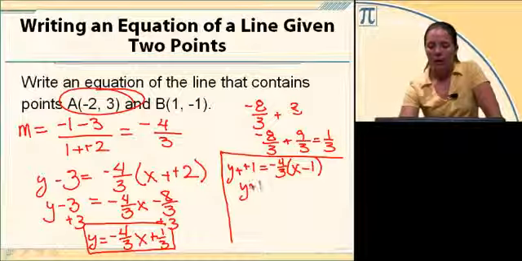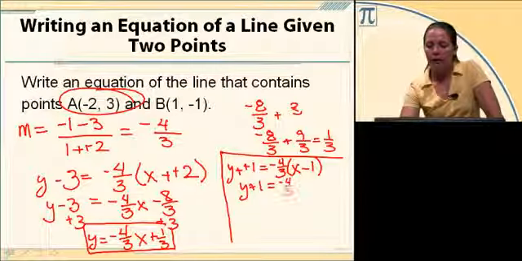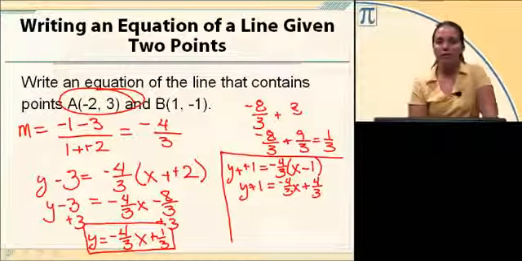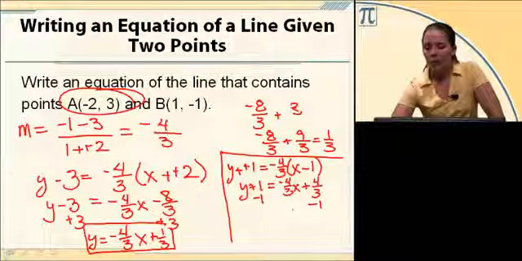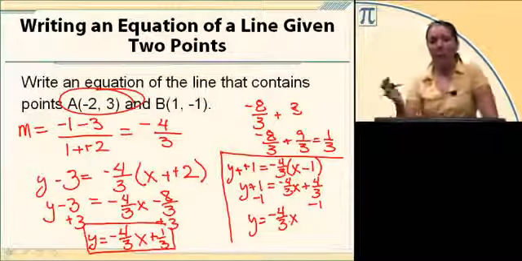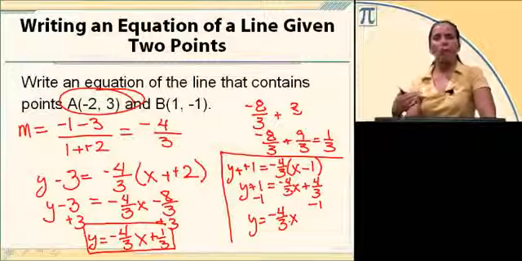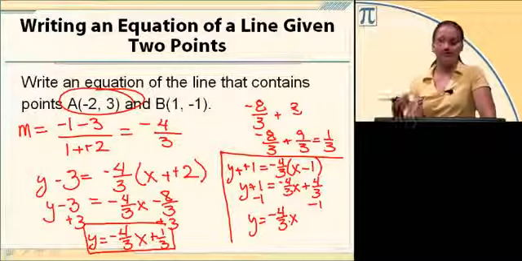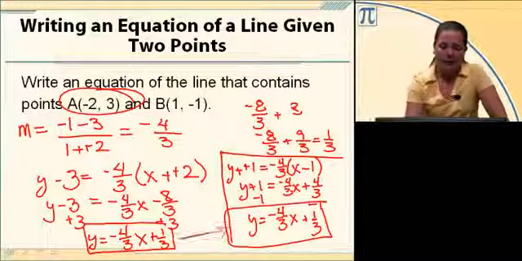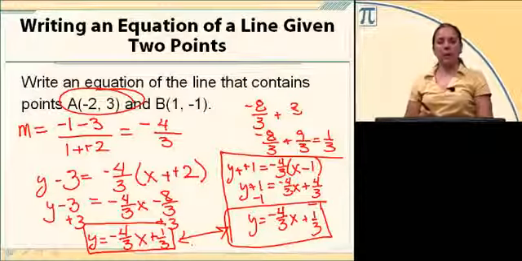This gives me y plus 1 equals negative 4/3 x plus 4/3. And now when I subtract 1 on both sides, y equals negative 4/3 x plus, if I have 4/3 and I subtract a whole, so 4/3 minus 3/3, gives me 1/3. Looks like I did the problem right, so I got the same answer twice.